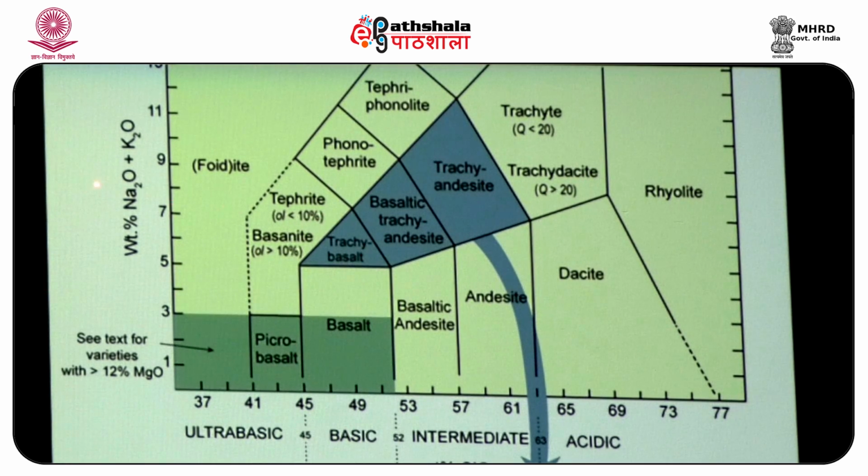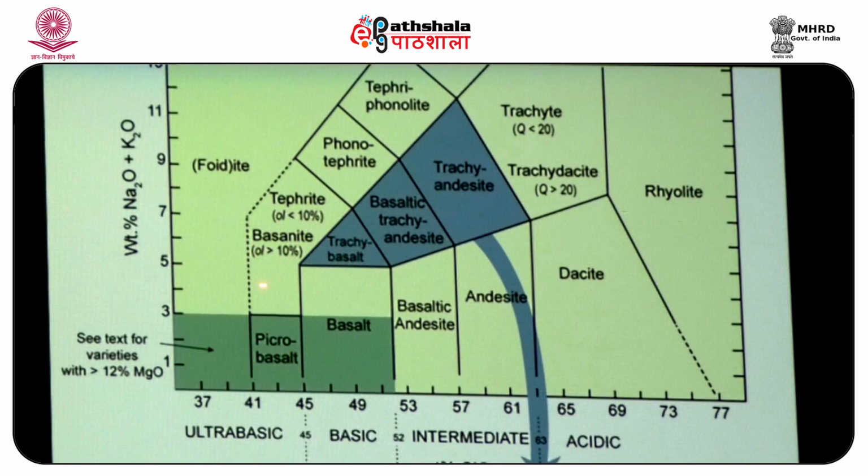So, when we have more than 5% Na2O plus K2O and the same composition as basalt in terms of silica, it is called trachybasalt. Okay, when it has more sodium and potassium, it is called tephrite or basanite.